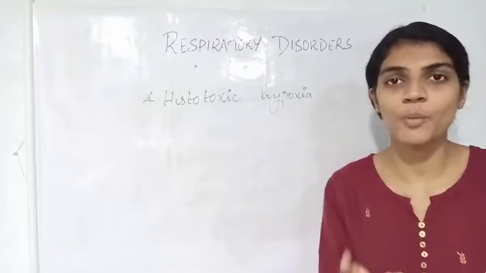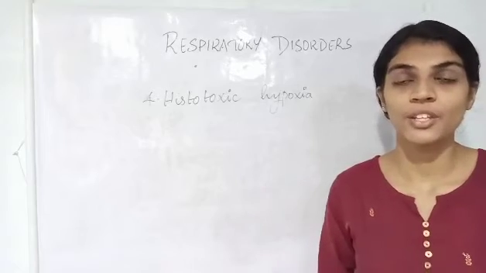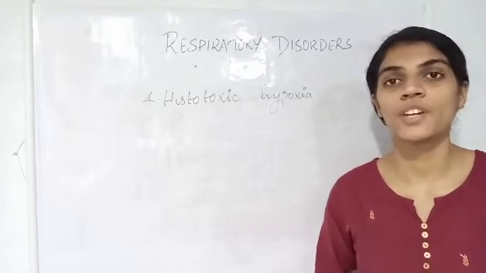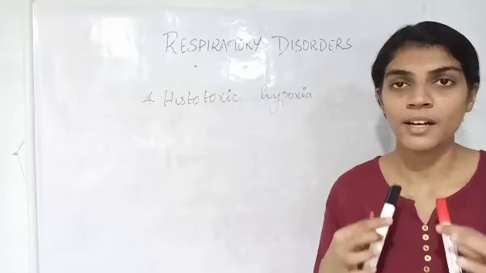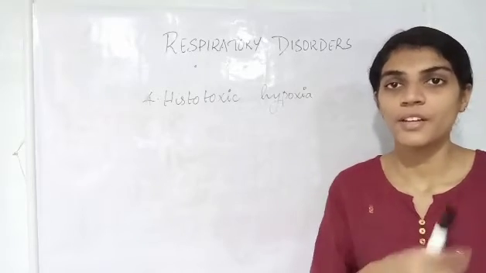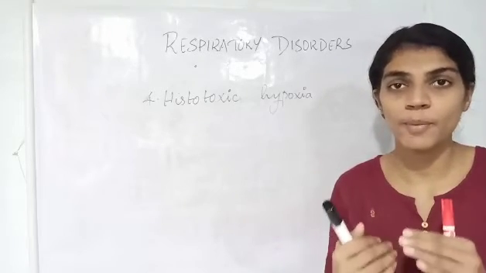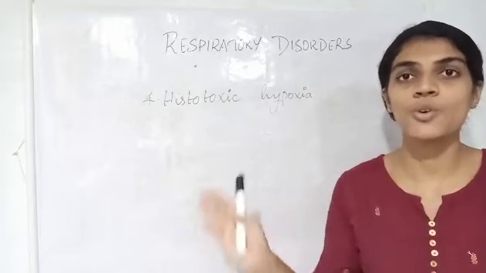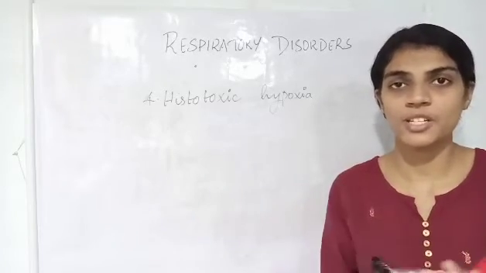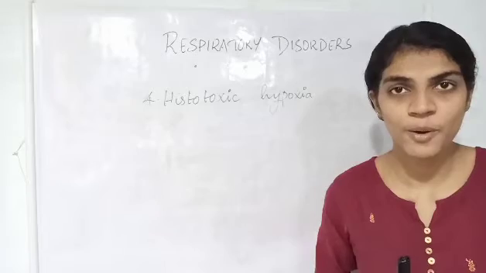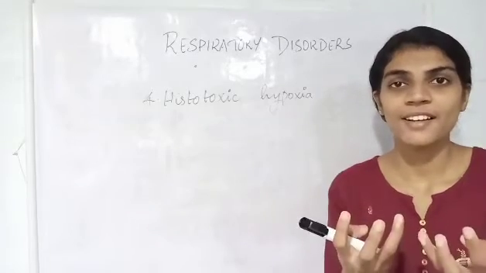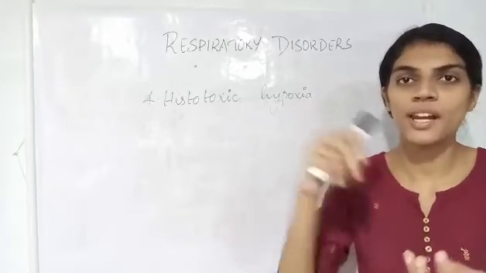Only the problem is with cells. There would be enough oxygen in the atmosphere. The respiratory tract is intact. Diffusion or oxygenation of blood is intact. Blood is also having no problem. Enough RBC it is having. But what is the only problem? The inability of the cell to utilize that oxygen.